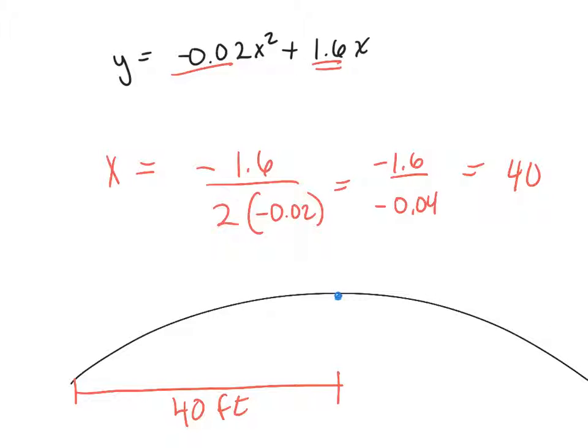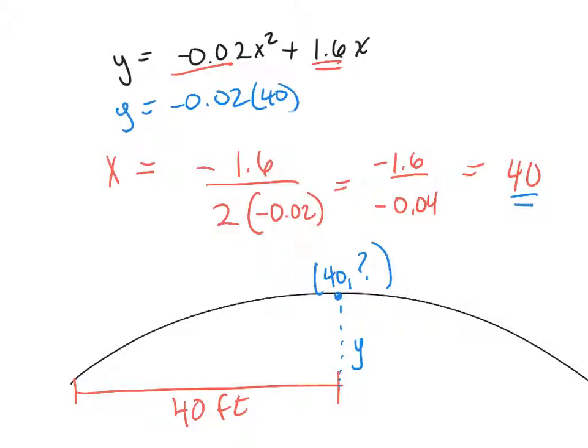Now I want to know what is the maximum height. So what is the y value? And in order to do that, you plug in that x value because you know that this is 40 comma, and you're asked for the y. So you plug in that x value and you try to find what y would be. Remember your order of operations. In this case, you are going to square the 40 first.